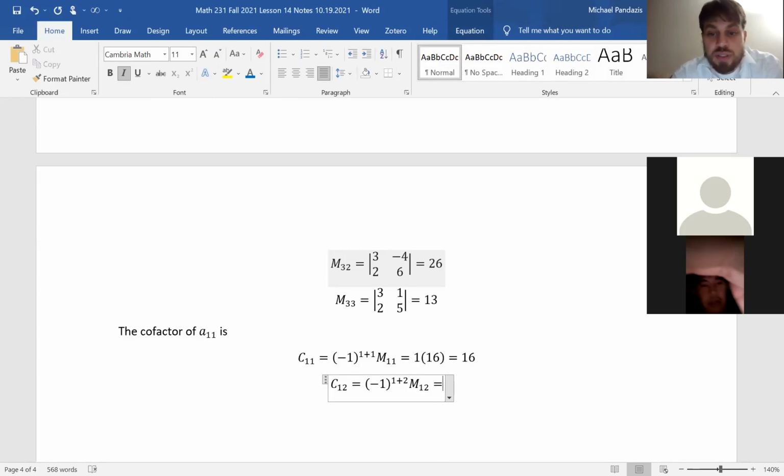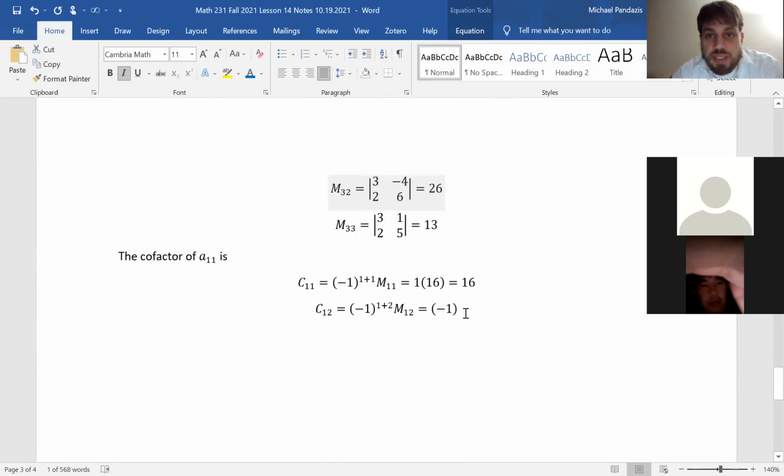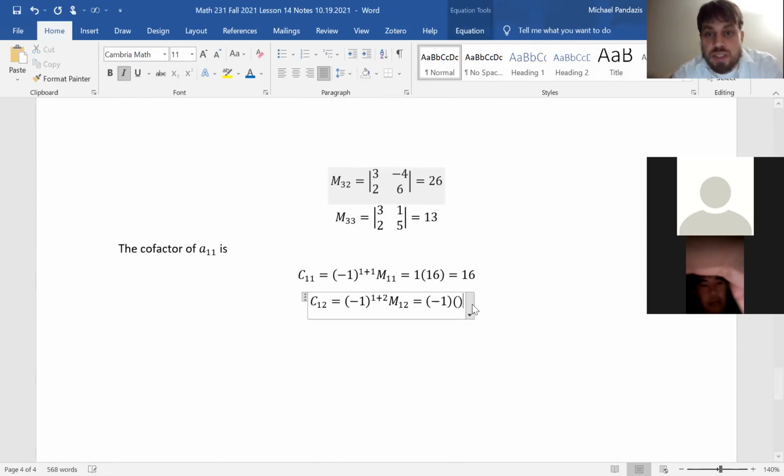That's negative 1 cubed, which is negative 1. So you're taking negative 1 times M sub 1,2, which is 10, and that's equal to negative 10.